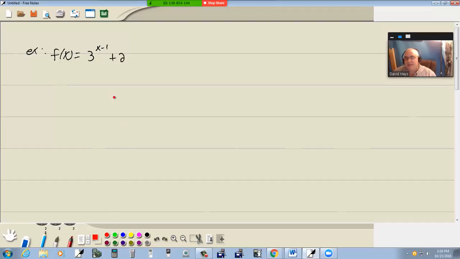Now the trick to graphing these is to make sure that you put parentheses around the exponent, assuming you have more than a single x or single number there. Other than that, we'll probably type it in as you see it.